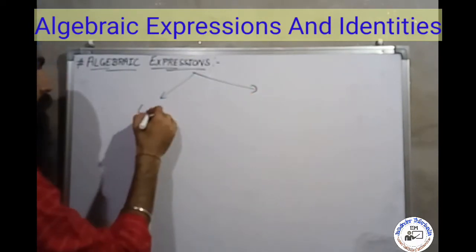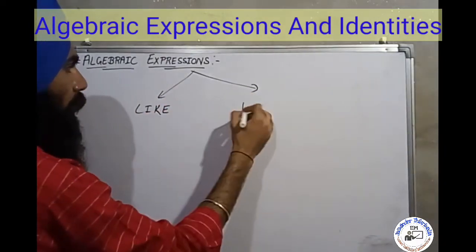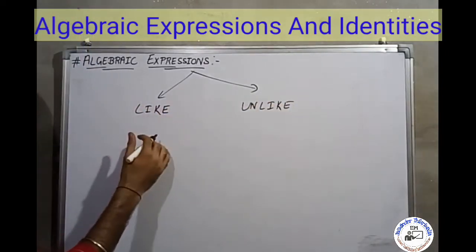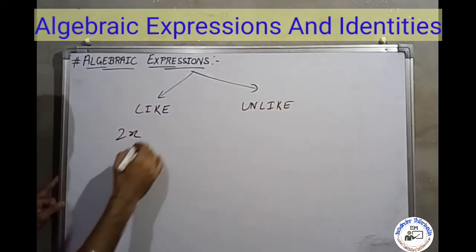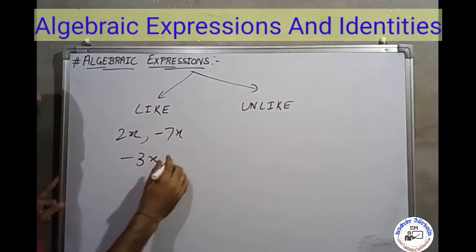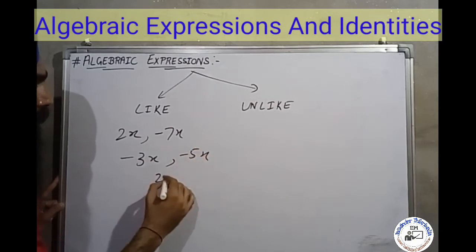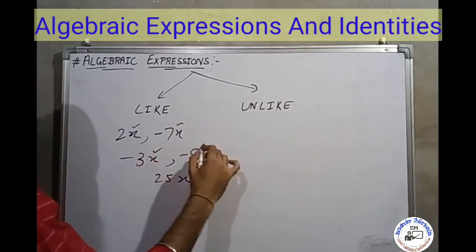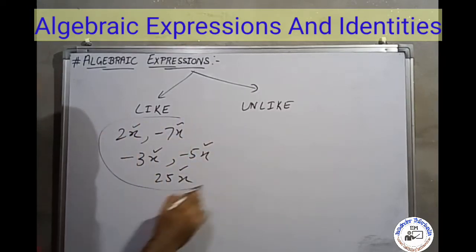First one is like, second is unlike. Like means those in which the variables are the same, like 2x minus 7x minus 3x, minus 5x, 25x, in which you check all variables, only x is there, so it means these are like.